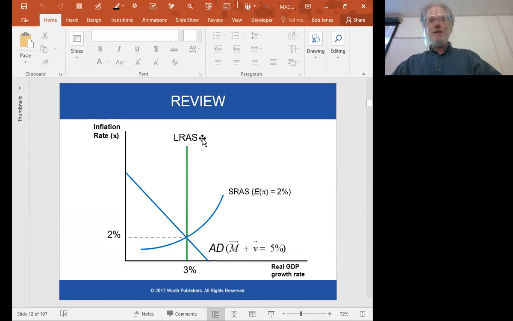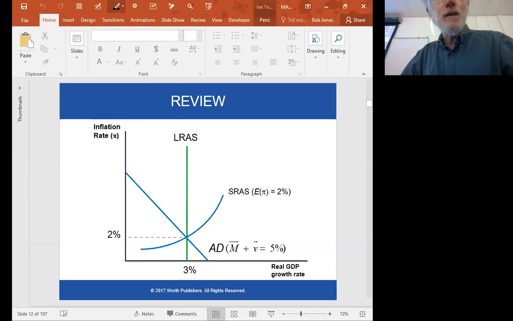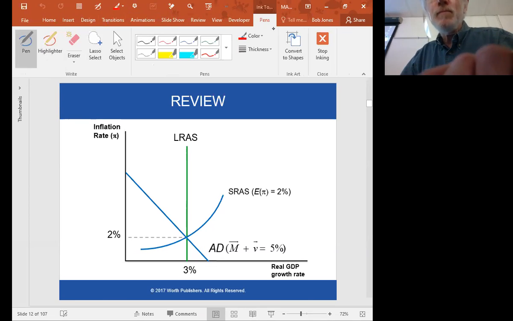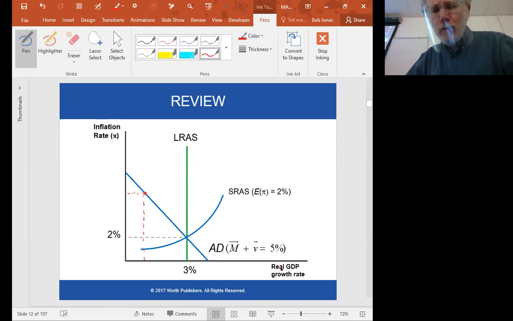What we were saying, now that you can see the graph, the aggregate demand curve, each and every point is a particular growth rate of real GDP and growth rate of prices.